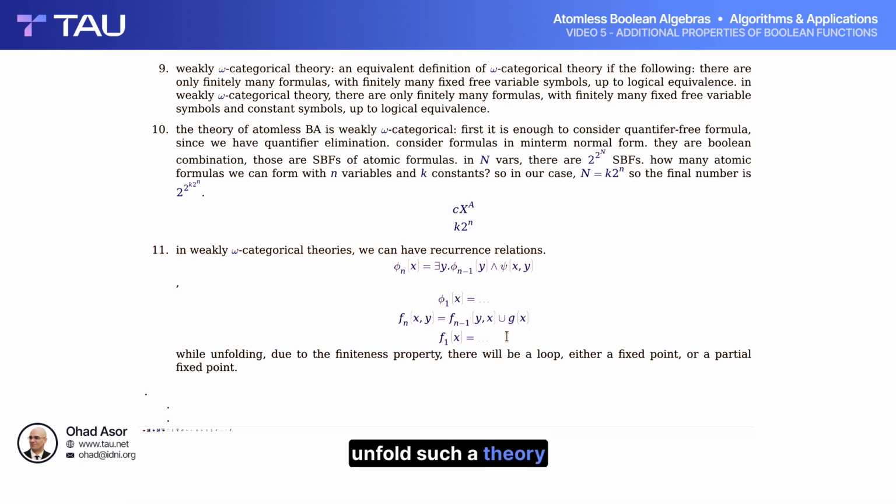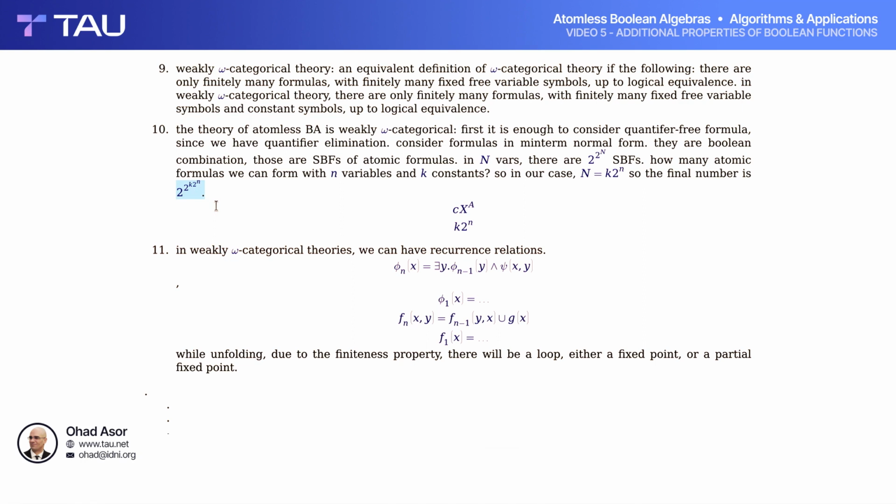And I can unfold such a theory with recurrence relations of formulas and Boolean functions into the theory without, precisely because of this weak omega categoricity. Now, this is, of course, quite expensive in the worst case, because that's the upper bound we know for how many formulas you can reach.